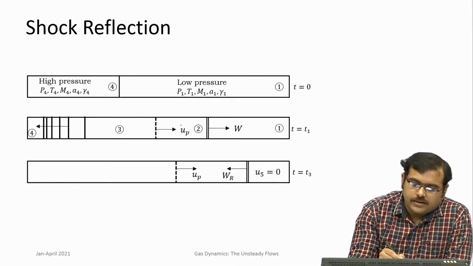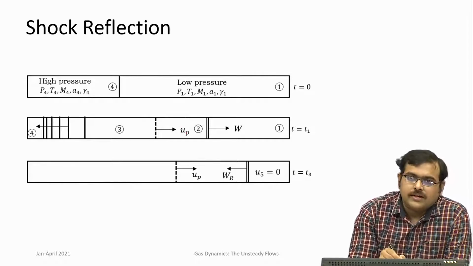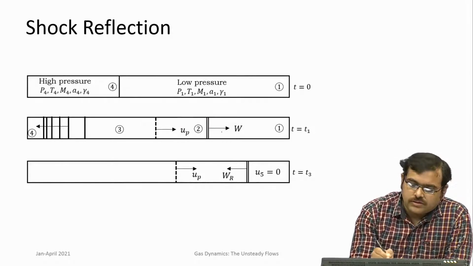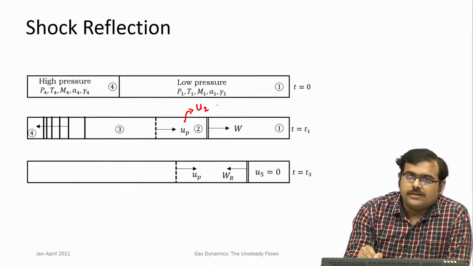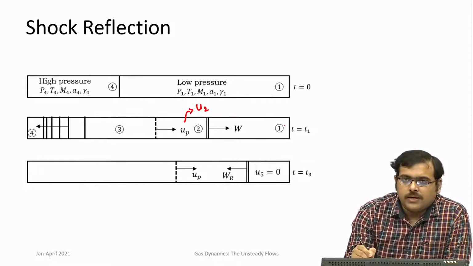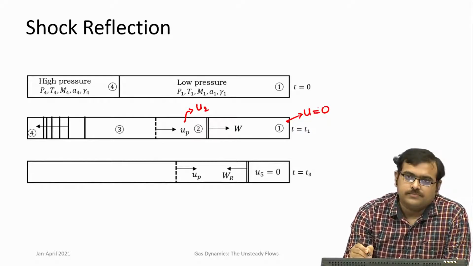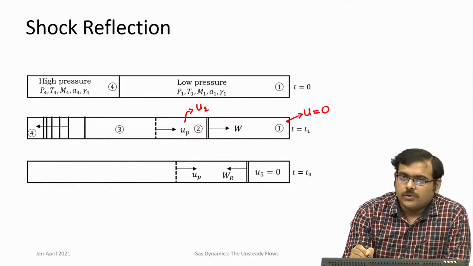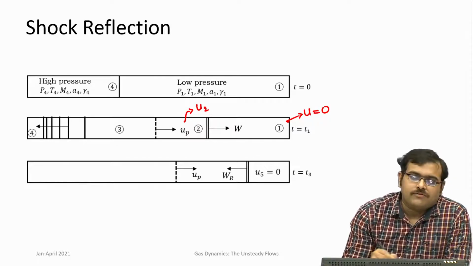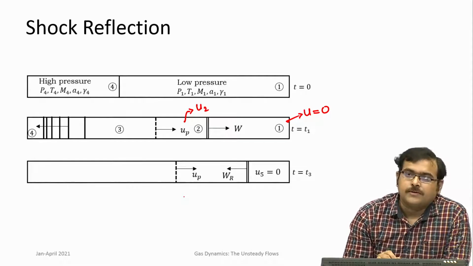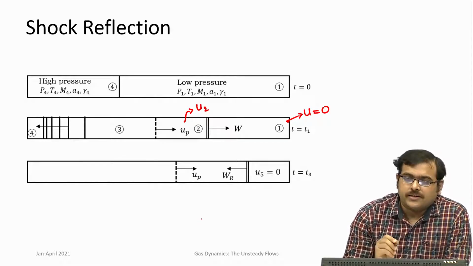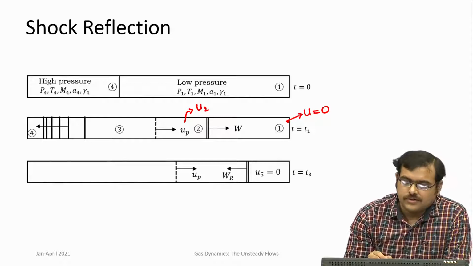So, the bulk motion of gas that was happening behind the shock with a velocity u2, on meeting the wall, should abruptly stop, its velocity should become 0.